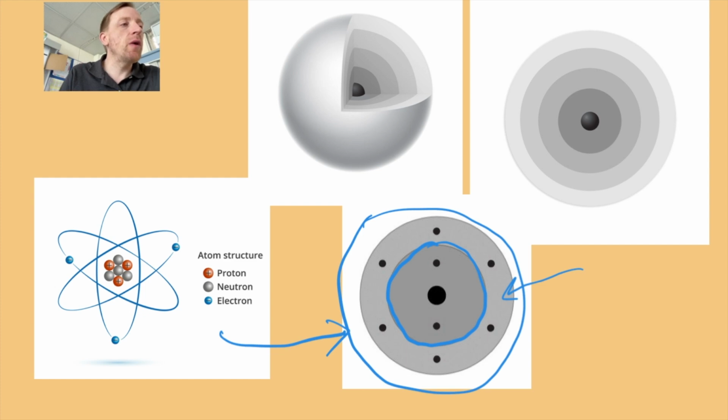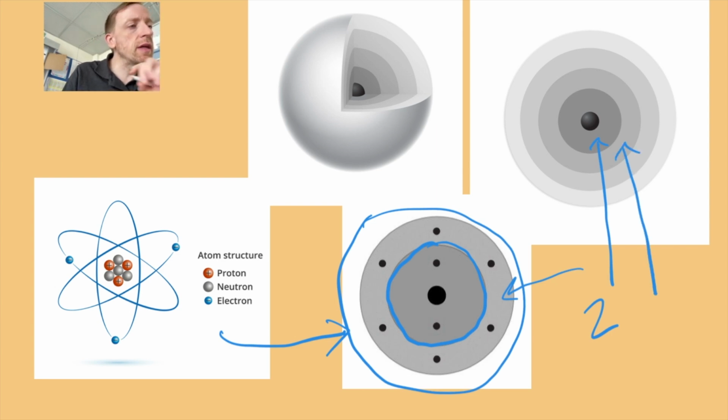The first energy level here can contain 2 electrons. Once that energy level fills up, then the electrons will start filling in the next outer ring. That second level can contain 8 electrons. And so that's why we have 2 listed here, and then they start filling in that second layer afterwards.